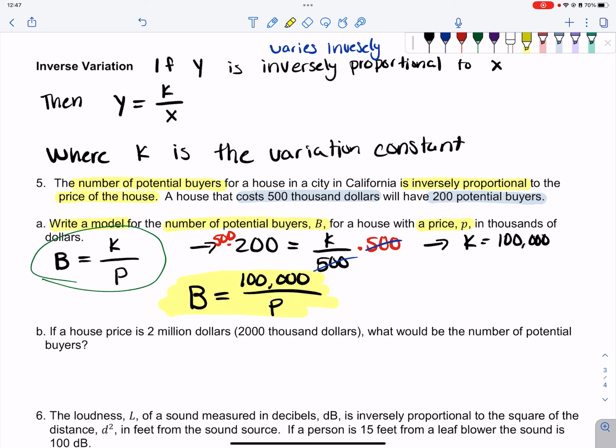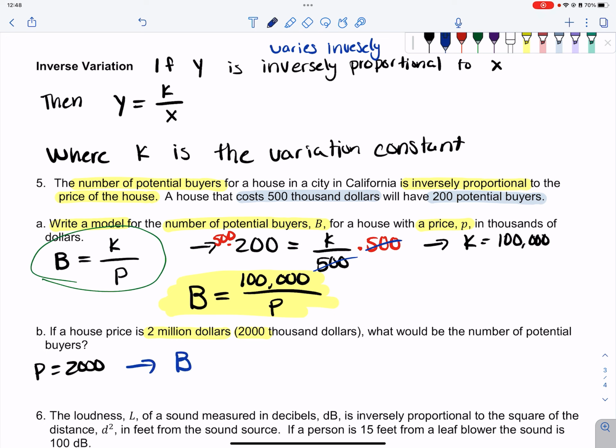Now I can use this model to answer the next question. If a house price is $2 million, which is 2,000 thousand dollars, what would be the number of potential buyers? Well, my P in my model is the number of thousands of dollars. So I'm going to let P be 2,000 and then evaluate what B is.